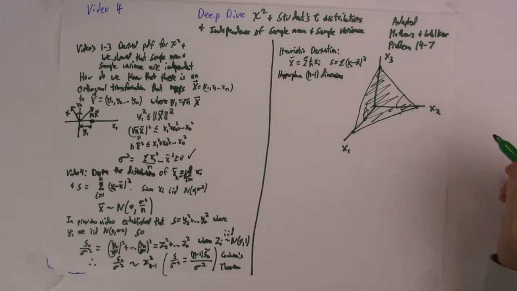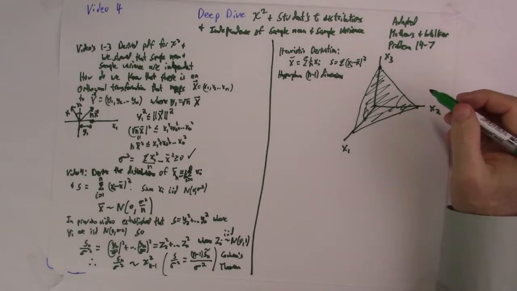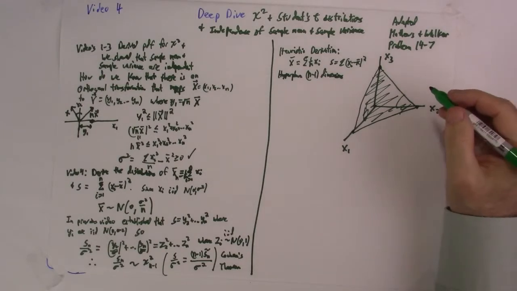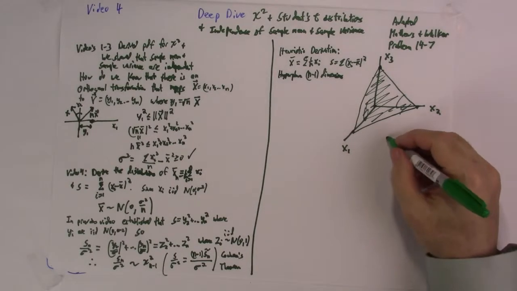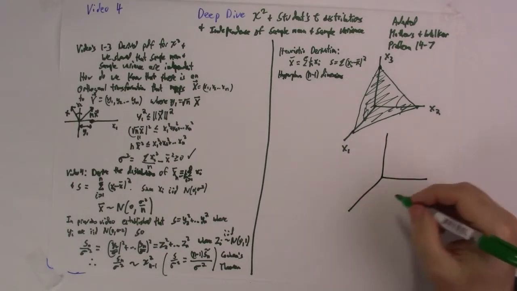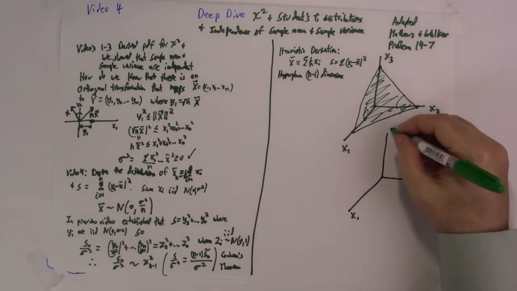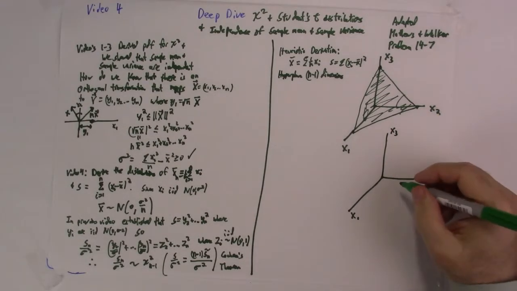Now, the vector that we used in our previous video, I'll draw this again. We can draw in n dimensions.